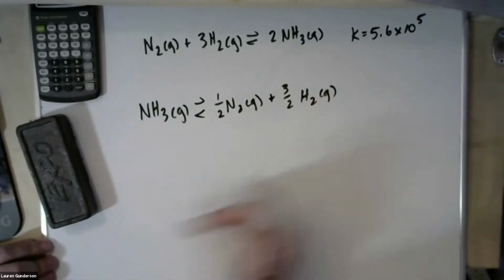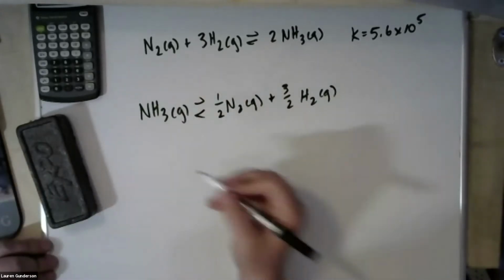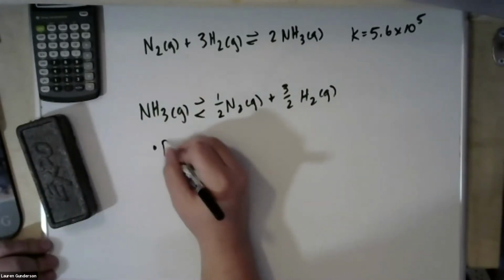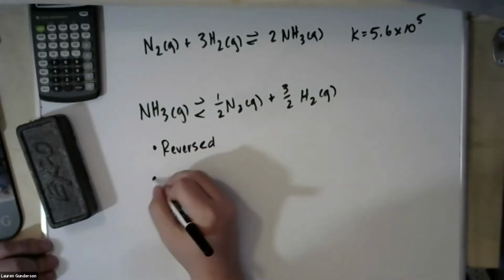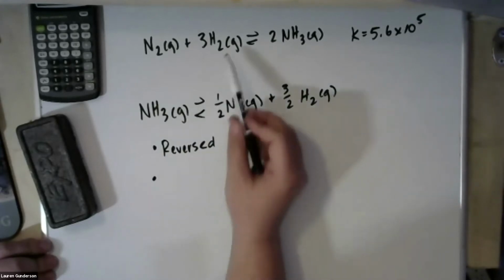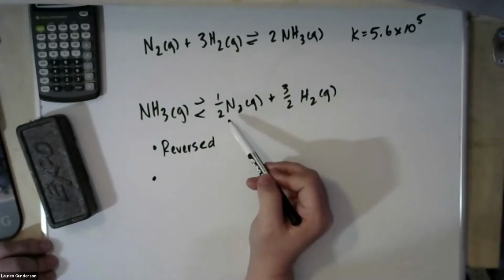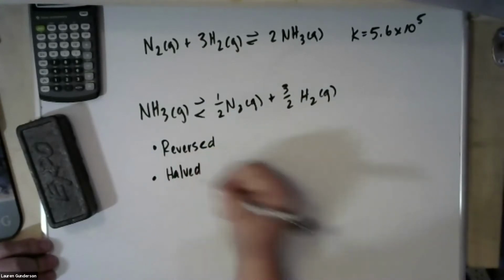So we have to ask ourselves, how did this reaction change? Okay, and two things should stand out, right? One is we reversed the reaction. And the second is that we have halved this initial reaction. Okay, so we divided it by 2 or multiplied it by a half, whatever you want to say.